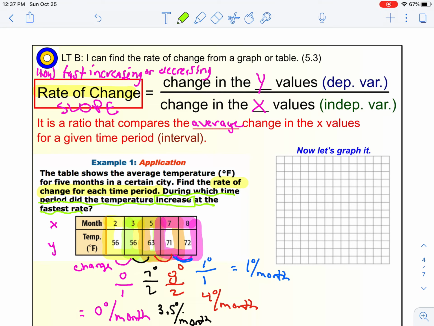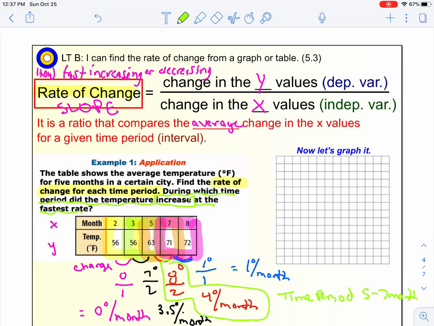Okay, and that fastest rate of increase was this right here. That was 8 degrees in 2 months, which is 4 degrees per month. So the answer to that question is the time period of, that would be 5 to 7 months. Okay, so that is our greatest increase right there.